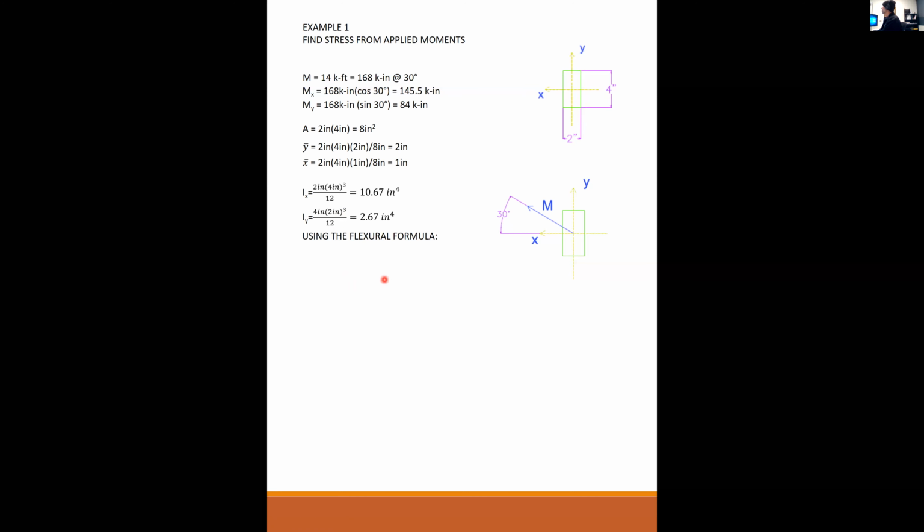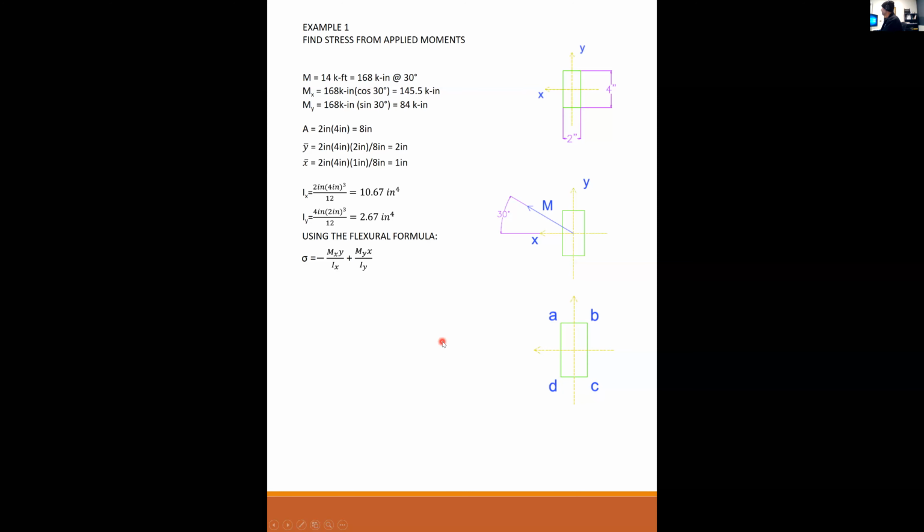So using the flexural formula, minus Mx y over Ix plus My x over Iy, I would like to find the stress at all 4 corners of my 2x4.